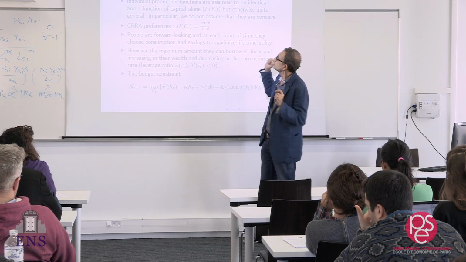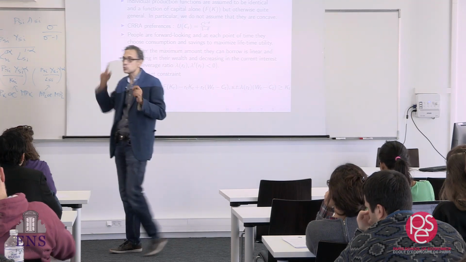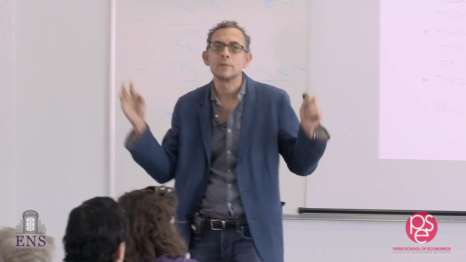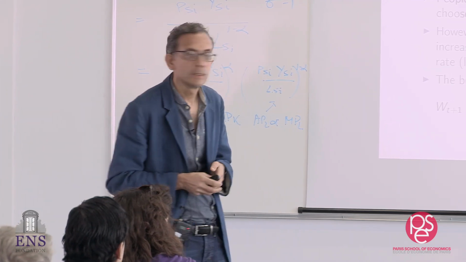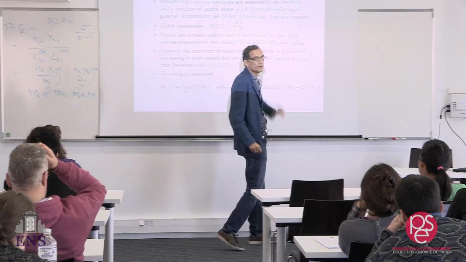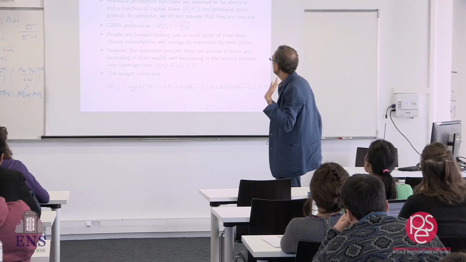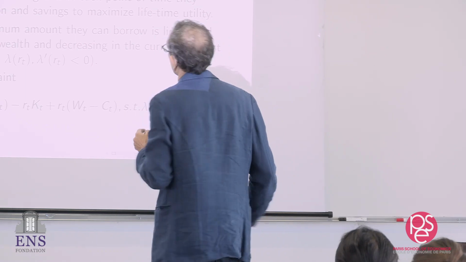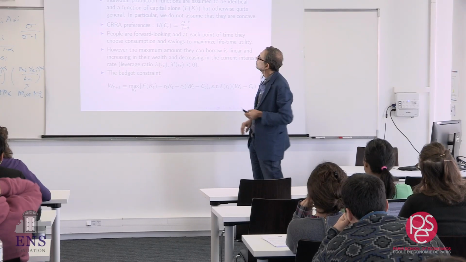But okay. So I'm going to assume now individual production functions, one input, capital. It could be human capital, it wouldn't change anything, it's just a label. One input. Production function, right now I've said nothing about f of k. I'm not assuming it's concave or anything, but I'm going to assume that the production functions are just a function of k.